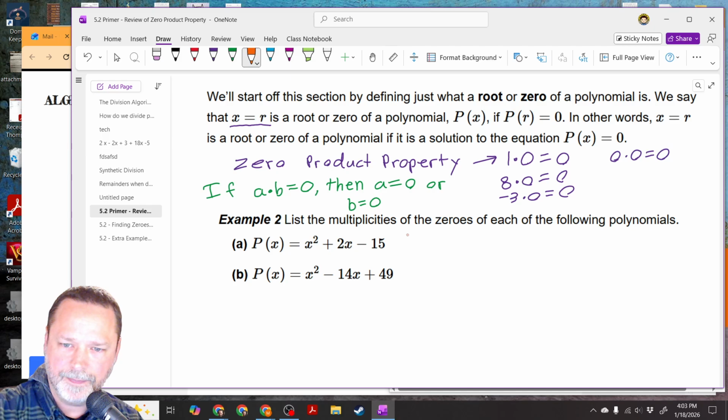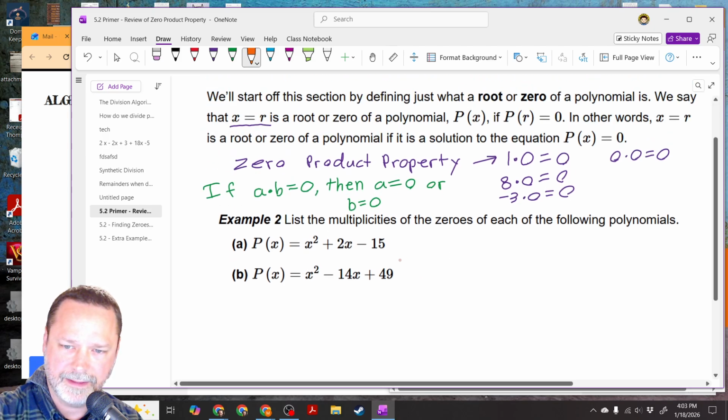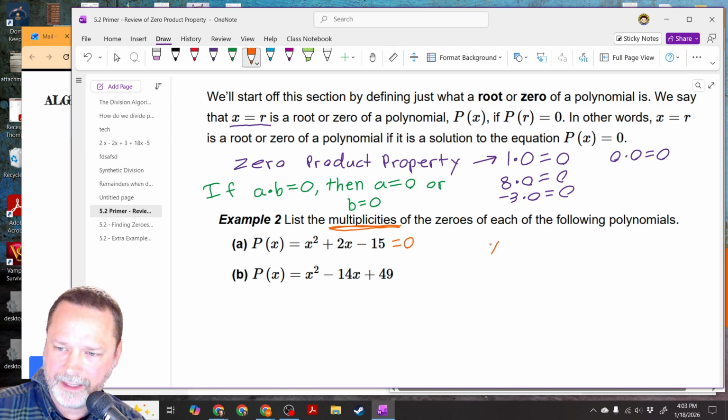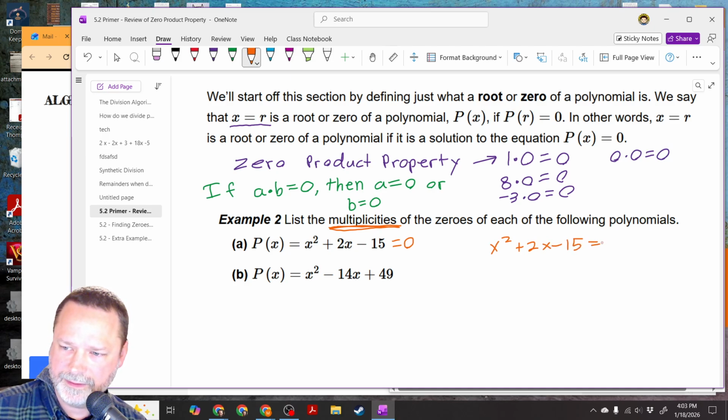Let's practice that really quick with these problems here. I'm going to use a term I'm not really going to define right now, but we'll use it. If I want to find the zeros of this, I want to make that equal to 0. So I have x squared plus 2x minus 15 equals 0.